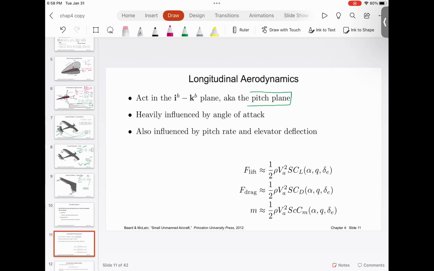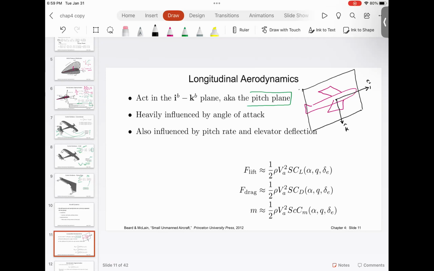So if you look at the aircraft, if you have this aircraft, I'm going to consider a plane in here. And I'm going to study the motion of the aircraft in the I and K plane.